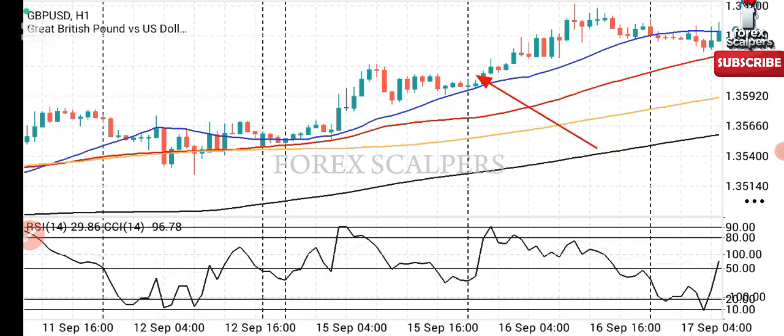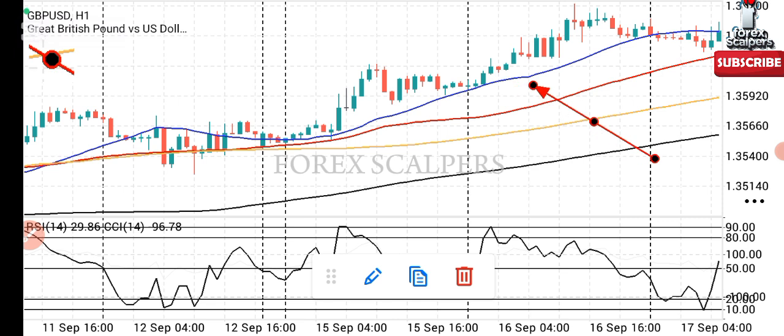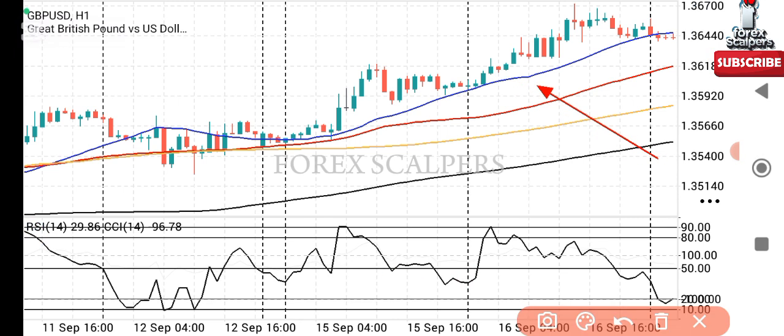So let's go by that bullish candle, and then you can see that after this bullish candle formation, rejection from the 20 simple moving average, price crosses above the 50. So you can see how this works.